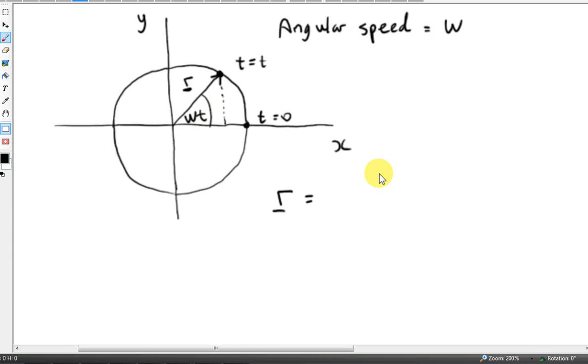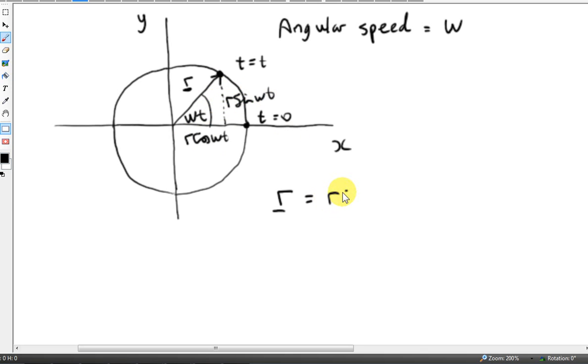Well, i is pointing in the positive x direction. The side adjacent to omega t here is the magnitude of this vector, or the hypotenuse of this triangle, which is r without a line underneath it, times the cos of omega t. And the side opposite omega t is r sine omega t.